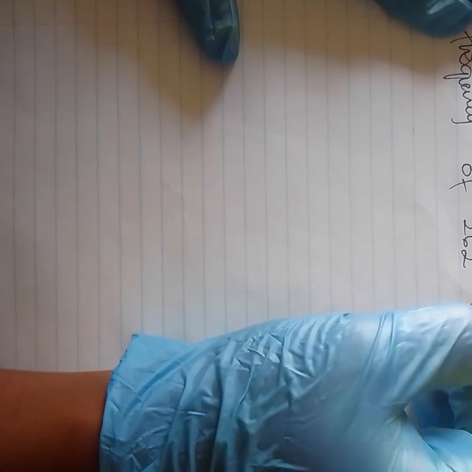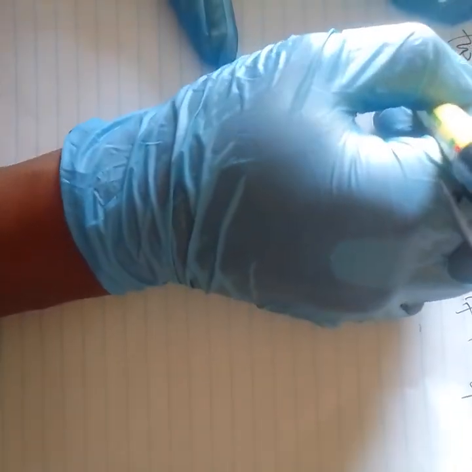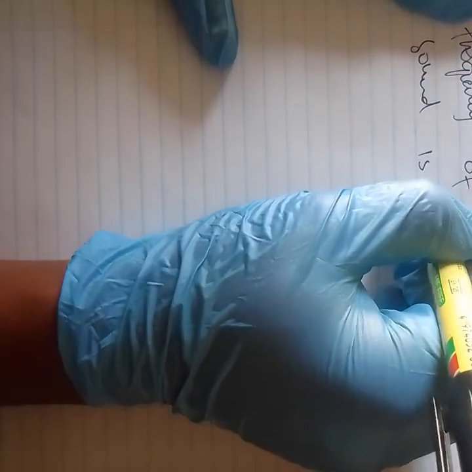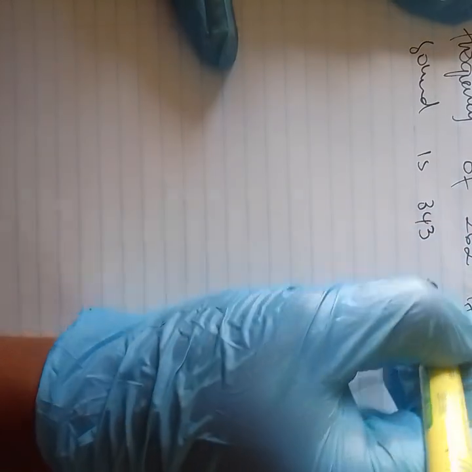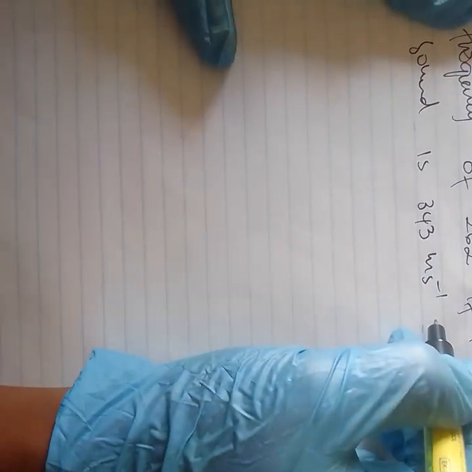If the speed of sound is 343 meters per second, we can find the wavelength.